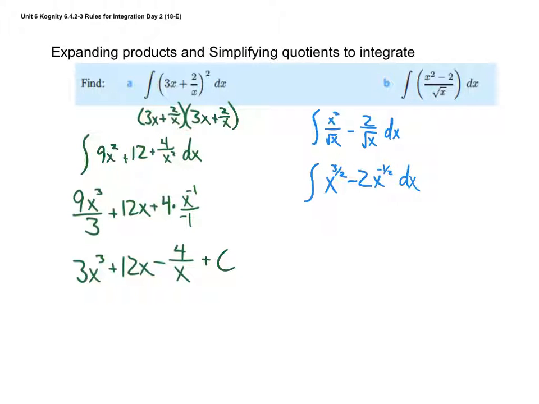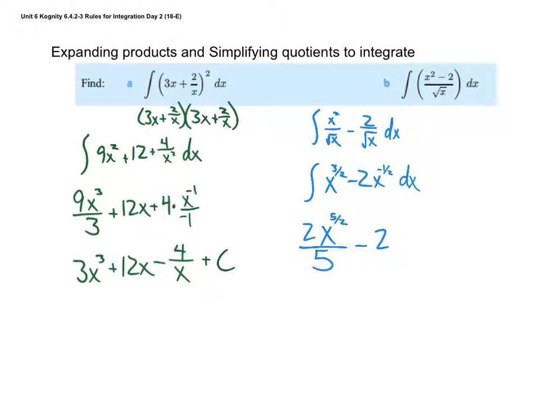So the power rule, x to the 3 halves. We add 1, so it's x to the 5 halves, and then divided by 5 halves, which is the same as times 2/5. And then we have minus 2 times x to the negative 1/2.